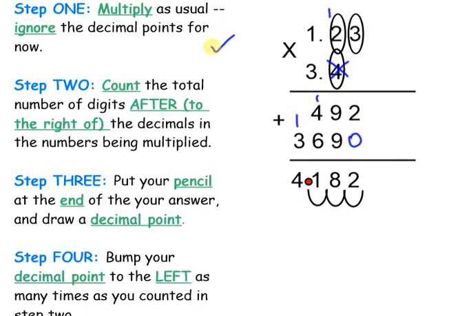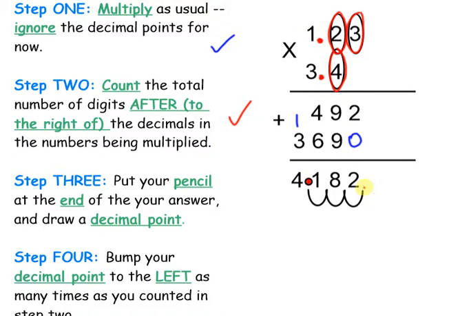Now, here comes the part where we're actually multiplying the decimals. So, I'm going to go back up here and erase some of my markings so I can show you what I wrote. You're going to go back up to the original problem and you're going to determine how many numbers you had after the decimal point in total. So, I have them circled for you here. We have 1, 2, and 3 numbers total that were after the decimal point. Here's the decimal, and here's the decimal. So we have 3 numbers total.